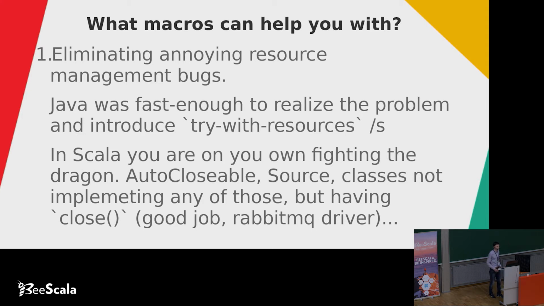Java was fast enough to realize the problem and introduce the famous try-with-resources. Well, it took them many years to realize, but at least they introduced that. Unfortunately, in Scala we don't have such premium things, so we have to manage those things on our own.